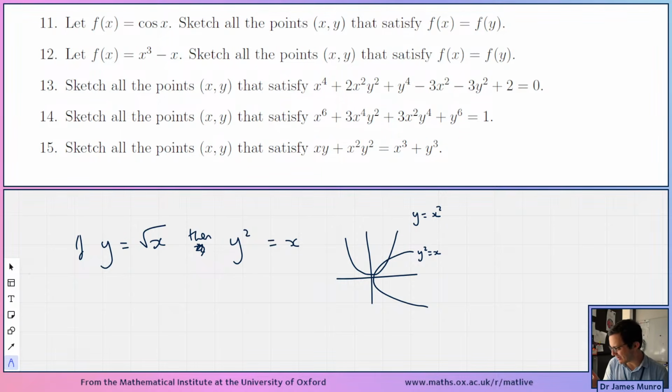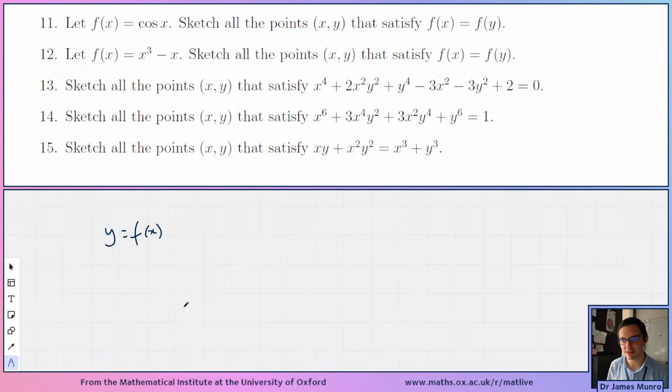It's this idea that when you sketch y equals f of x, what you're really doing is showing me all the points (x, y), all the points in the xy plane that satisfy this equation. And because it's a function f, there's only one for each value of x. So you draw something like this.